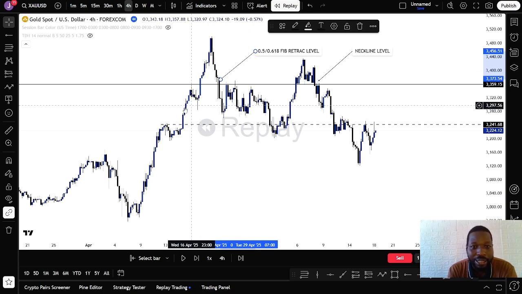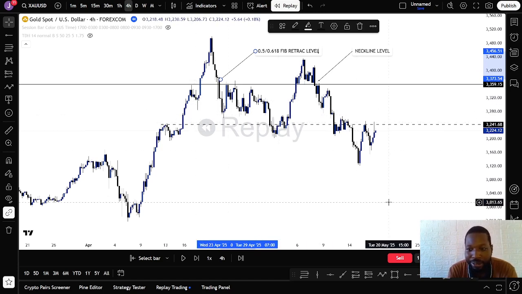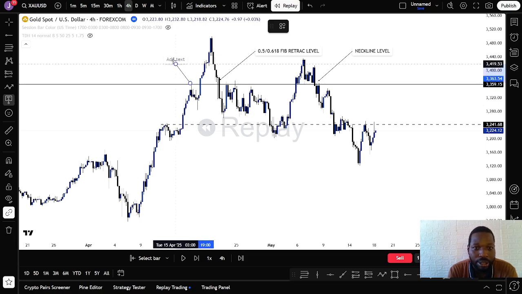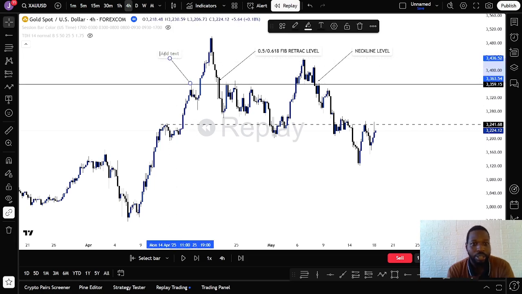Then finally at this level here is the head and shoulder level, or I should say the shoulder level, right? So you can see the three confluences that came together. At this point you are very confident that price is actually going to react at this zone.